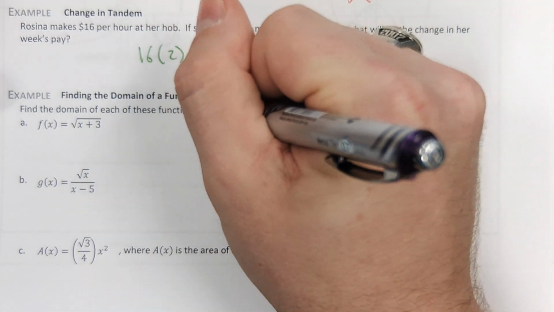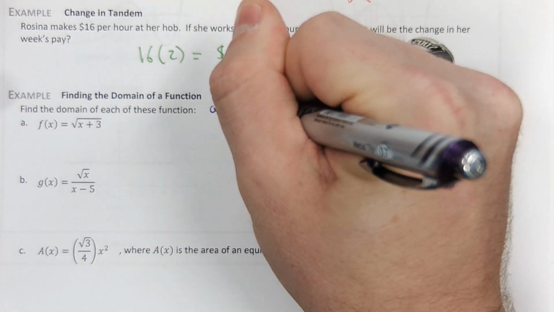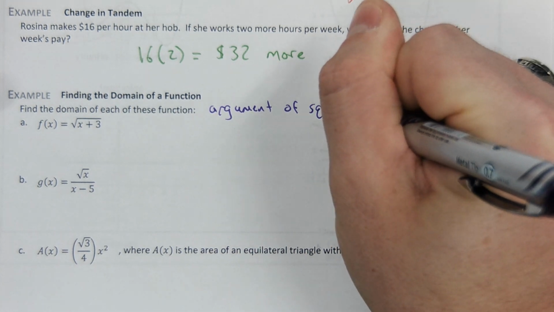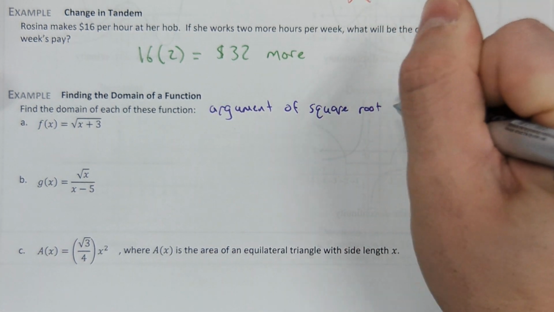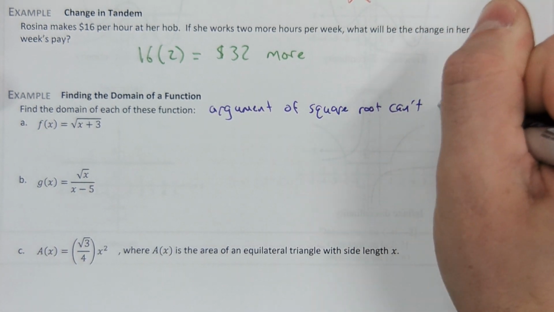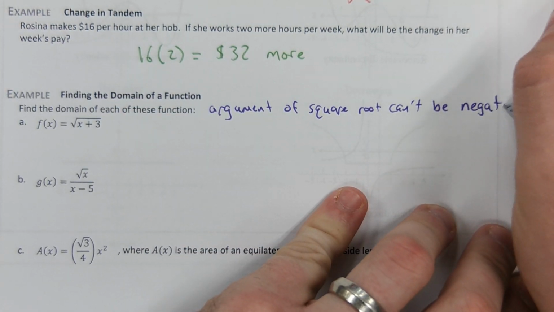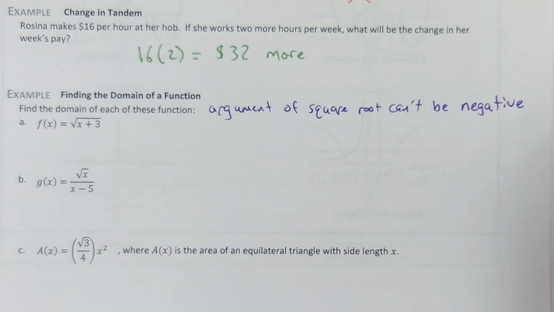So we know that the argument of a square root, he said, can't be negative. So if it can't be negative, what can it be? Positive and 0.